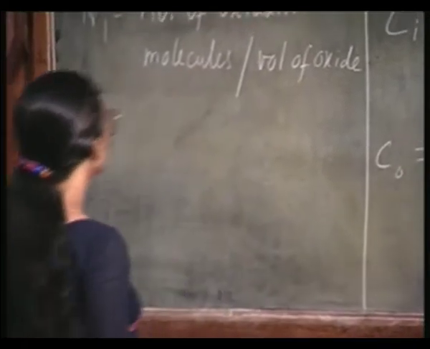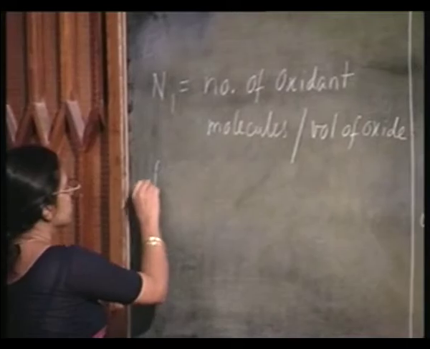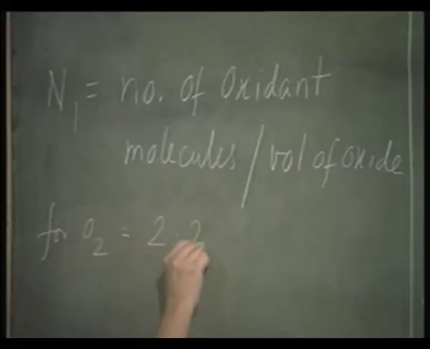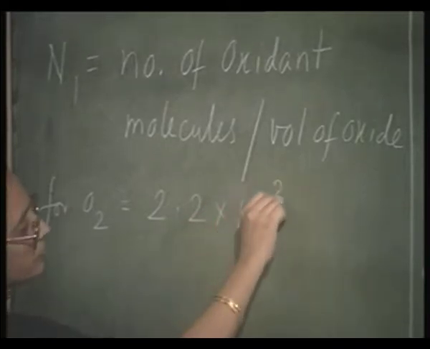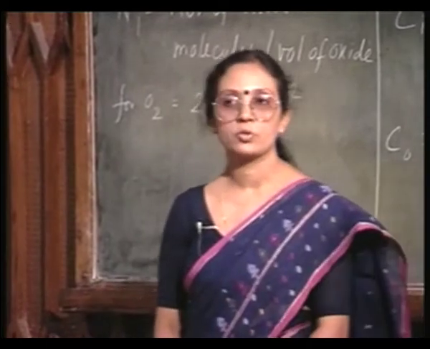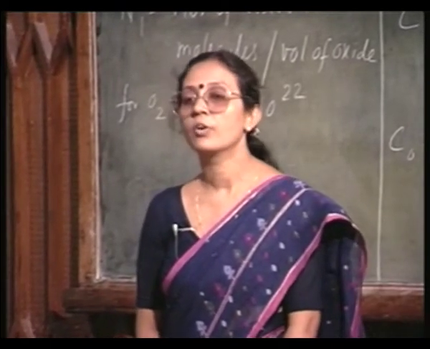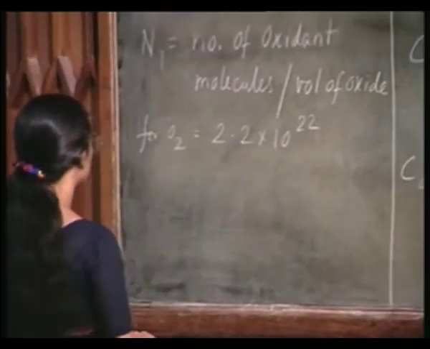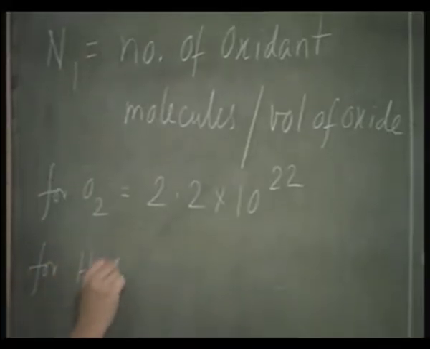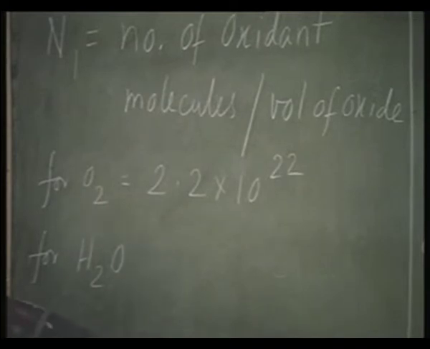So, N1 for oxygen is 2.2 times 10 to the power 22, and for water it is going to be double the number, because per molecule of silicon dioxide needs 2 molecules of water vapor in contrast to 1 molecule of oxygen, right.